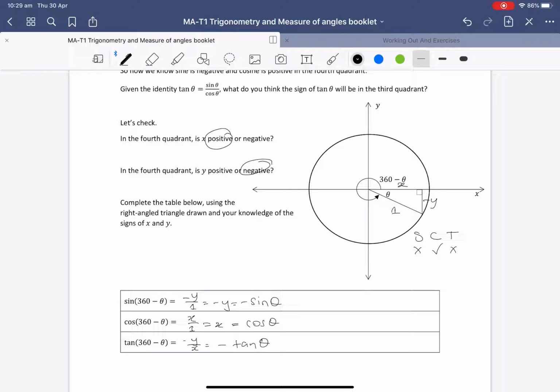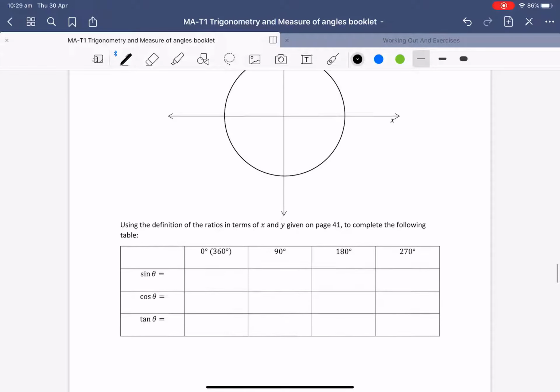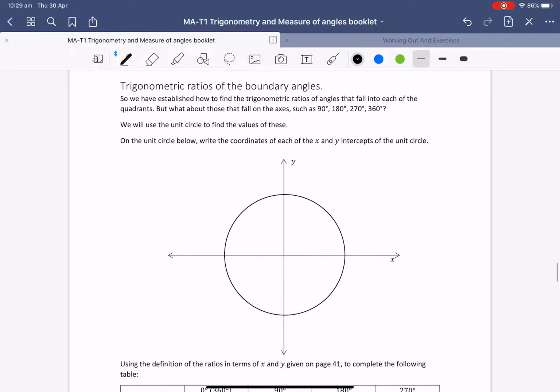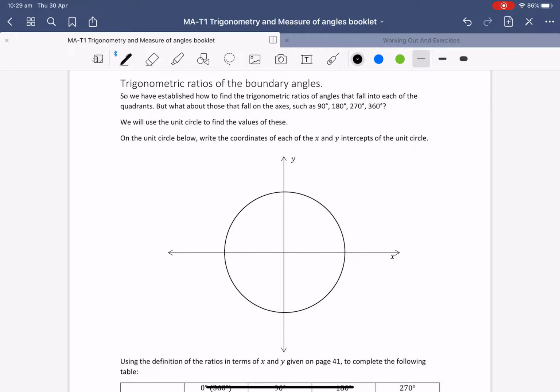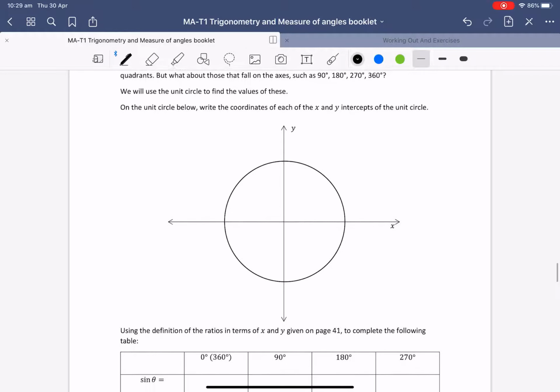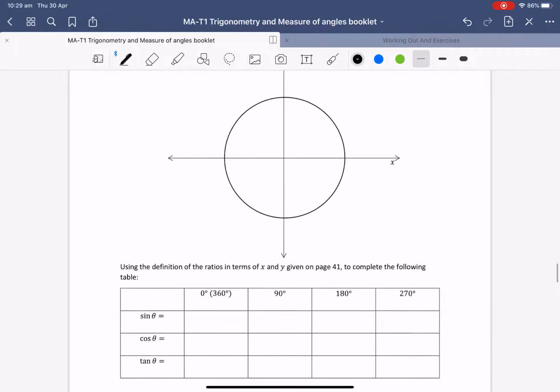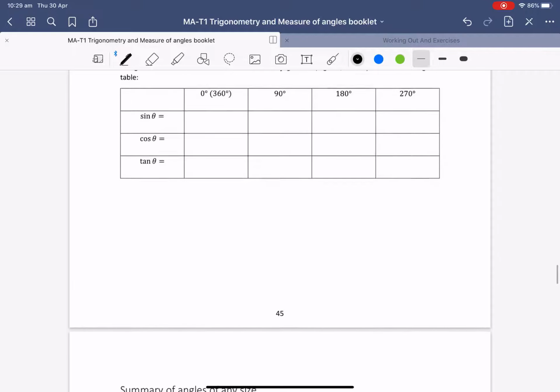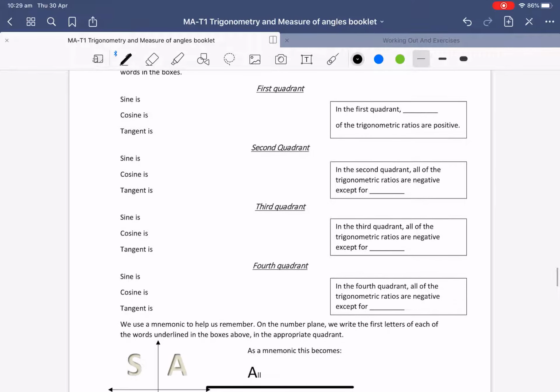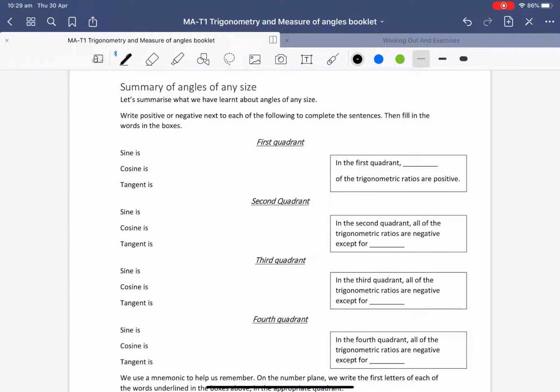So we're going to summarize that on the very last page. Just like what I did in the first quadrant, sine was positive, cosine was positive, tangent was positive.